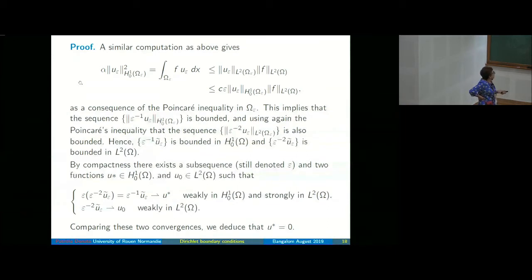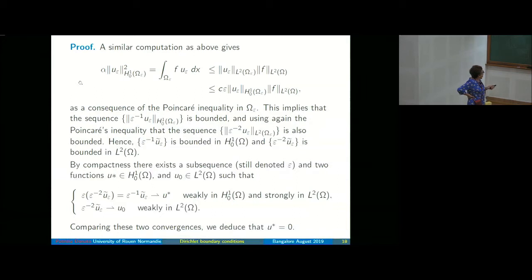Now, observe that epsilon minus 1 u tilde is nothing else than epsilon times epsilon minus 2 u tilde epsilon. This is bounded in L2, multiplied by epsilon, which goes to 0. So we deduce that u star, I don't know if it's correct.